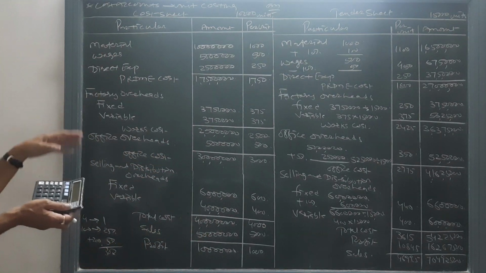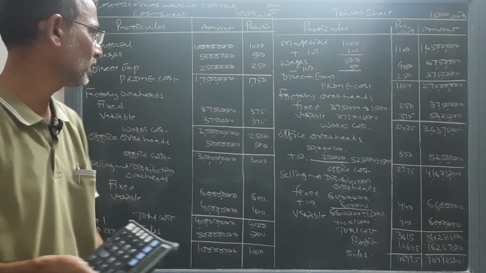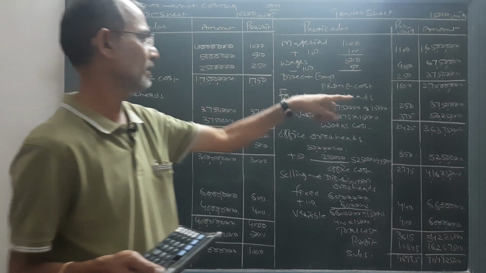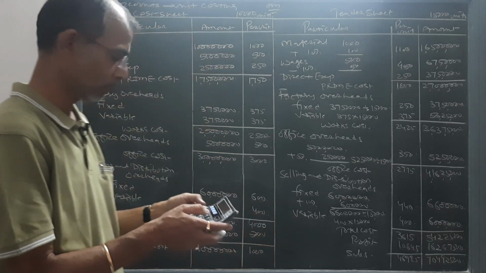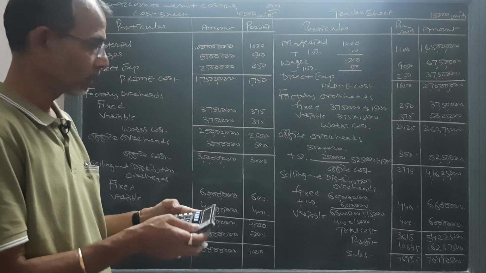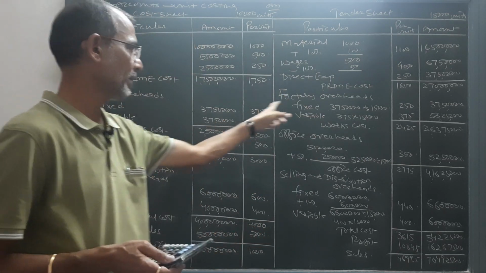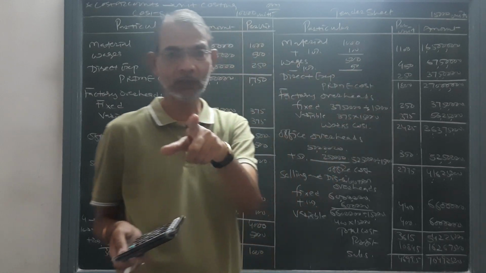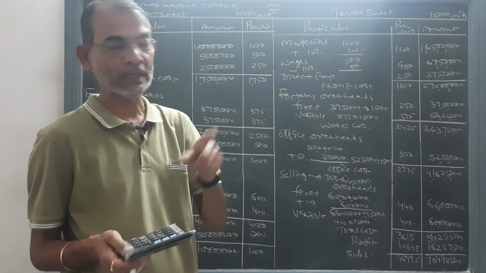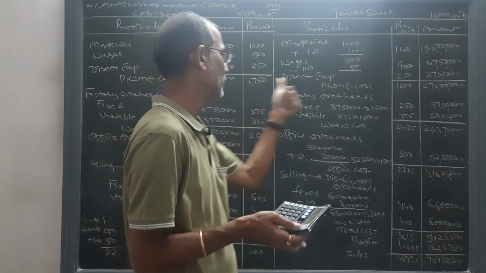Now factory overheads, for that nothing was said. Fixed were to be kept as it is, 37 lakh 50,000. 37 lakh 50,000 divided by 15,000 comes to 250, while variable per unit will be kept as it is. Remember one thing, variable is always kept per unit as it is, while for fixed amount is to be kept as it is.